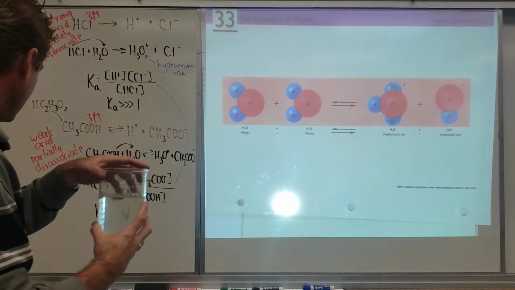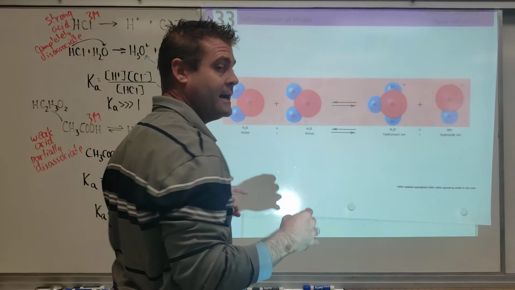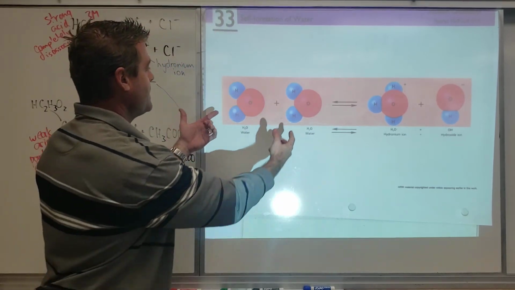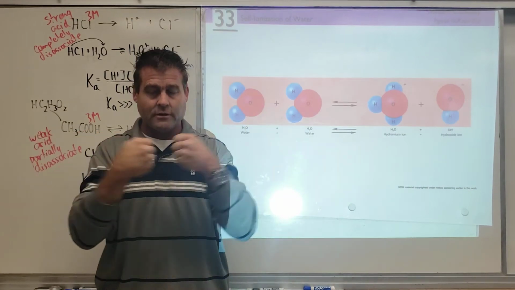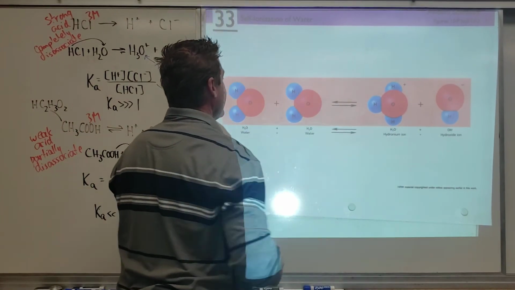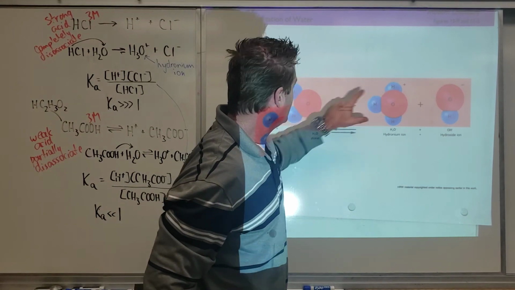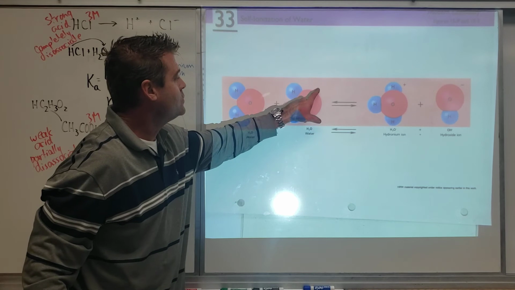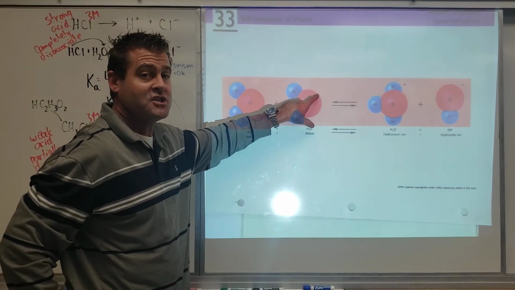What actually happens in water is what this is showing. It would be good if you copied this down. So think about water molecules randomly moving. And what are water molecules doing? They're colliding. Occasionally water molecules will collide, and a hydrogen ion from one of the water molecules will attach to one of the lone pairs of electrons on the oxygen of an adjacent water molecule.